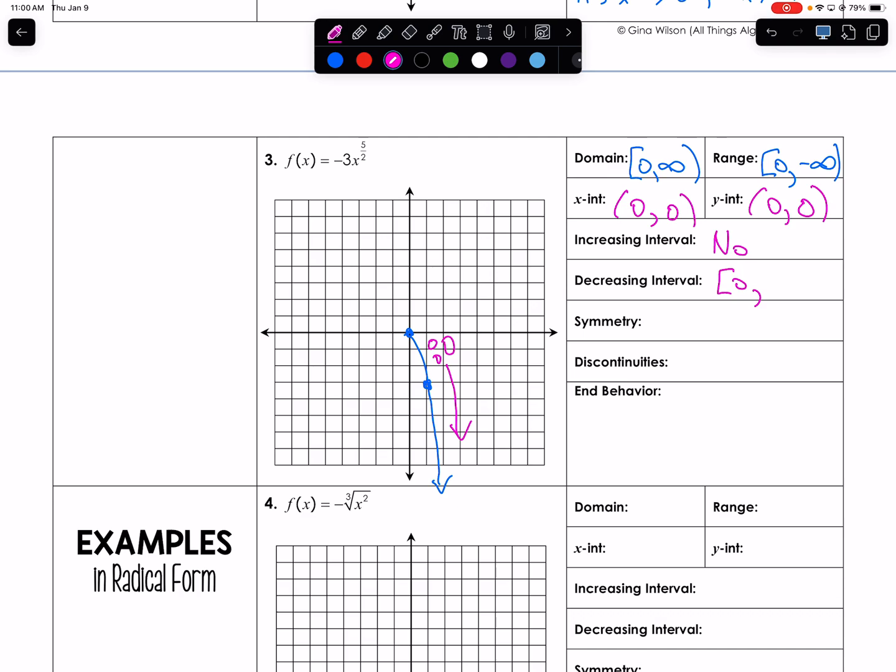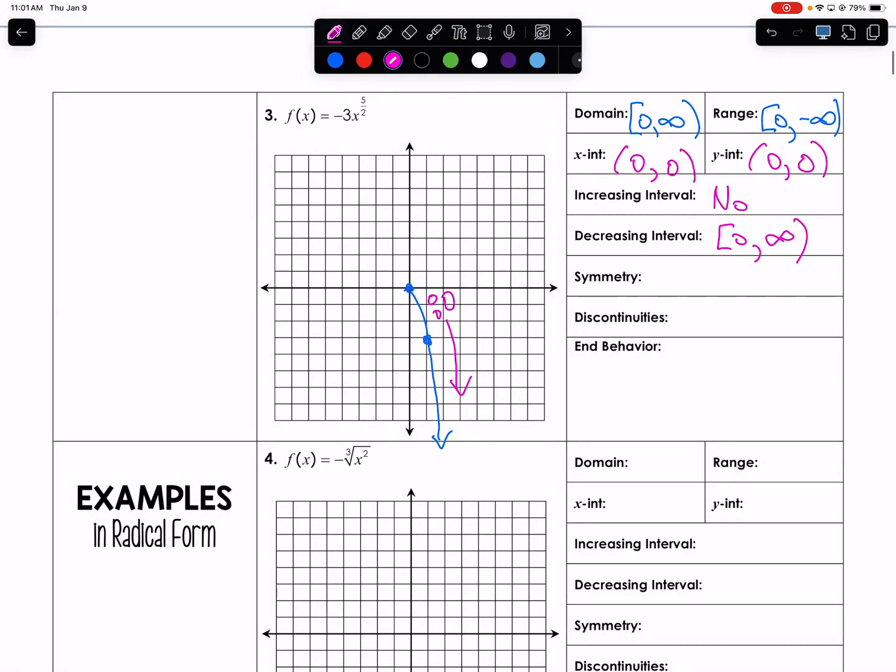So 0 to what? Infinity. Because it's x values, not y values. It's x values. Because this thing keeps arching out slowly but surely. Right? Keeps going out that way. So that's why it's to positive infinity.